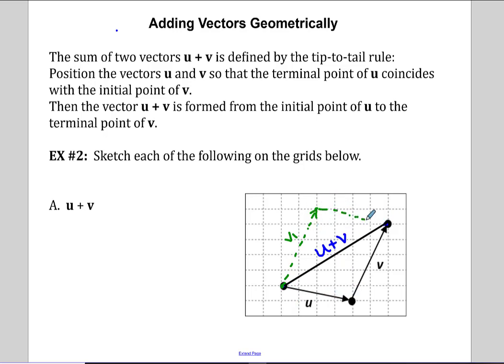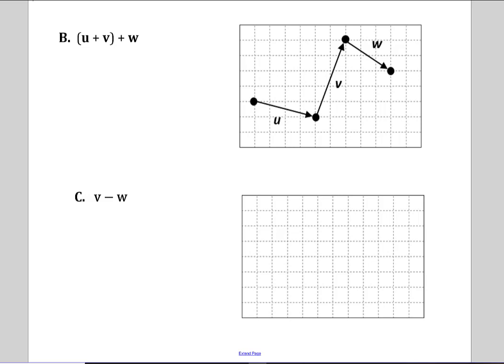This is vector u, another translation of vector u. It creates a parallelogram, and the diagonal is called the resultant, or the sum of the two vectors. So tip to tail is the approach.